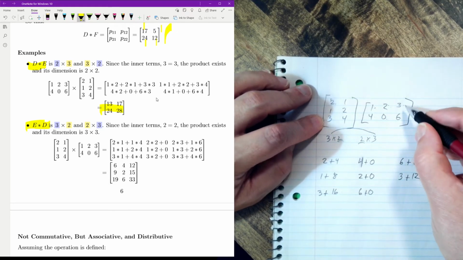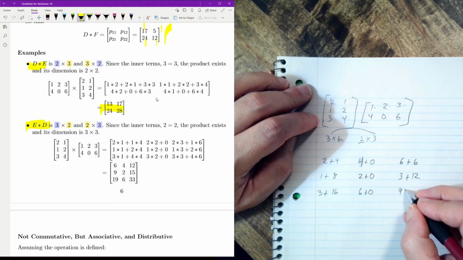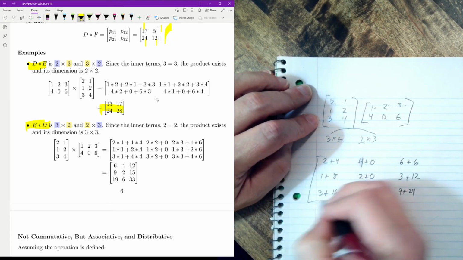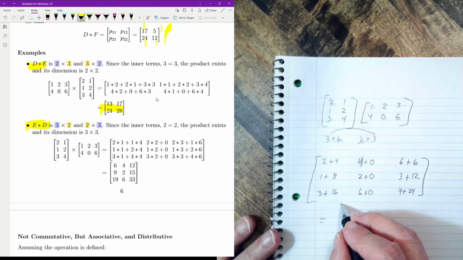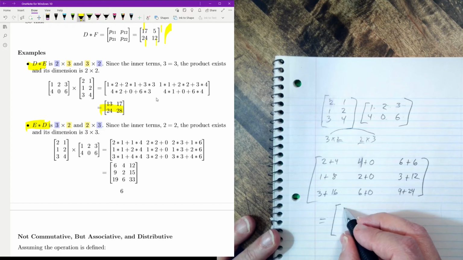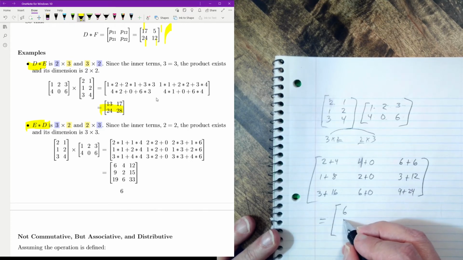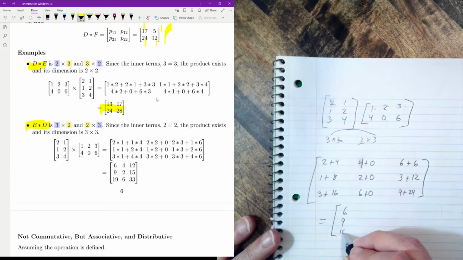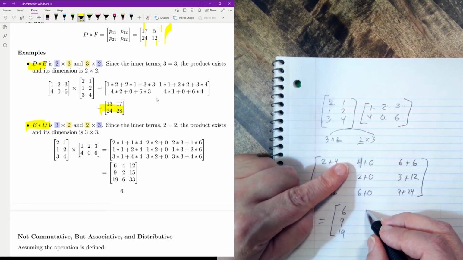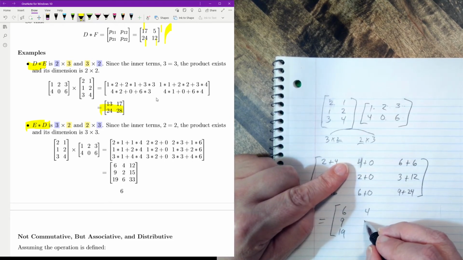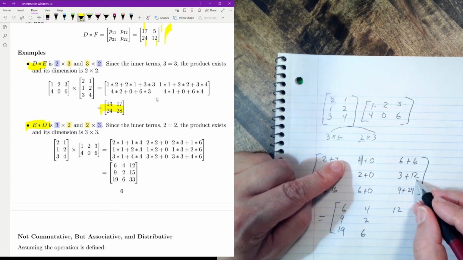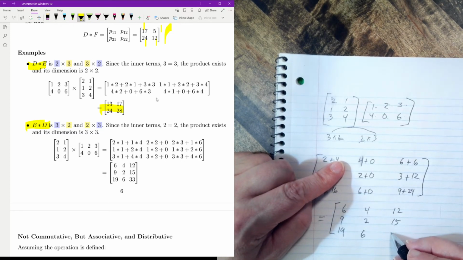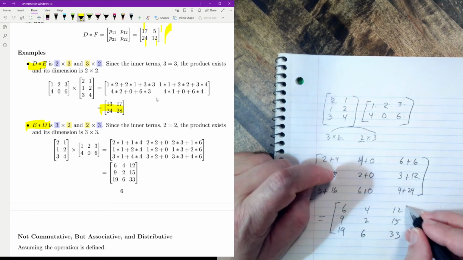And 9 plus 24. Simplifying this, we have 6, 9, 19, 4, 2, 6, and 12, 15, 33.